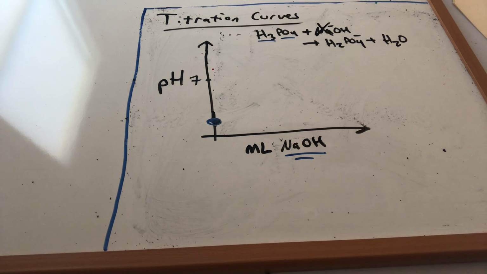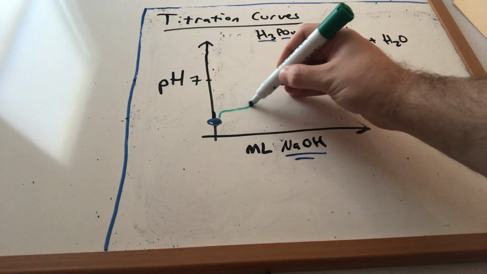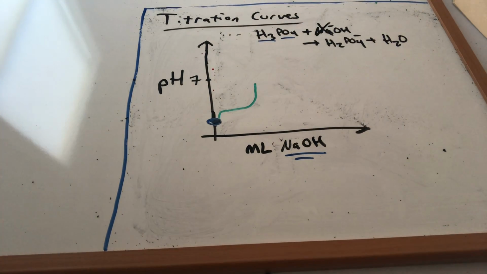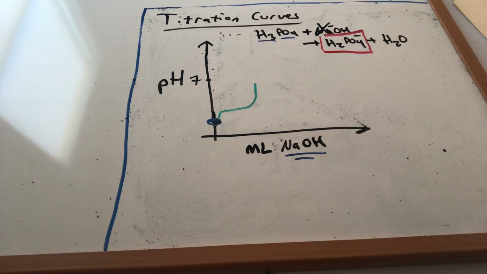So what I'm going to do is dump in NaOH, and what I'll see is I'll make a buffer region. And then I'm going to get a steep part. Now, this species we analyzed previously, and what did we find out about that species?